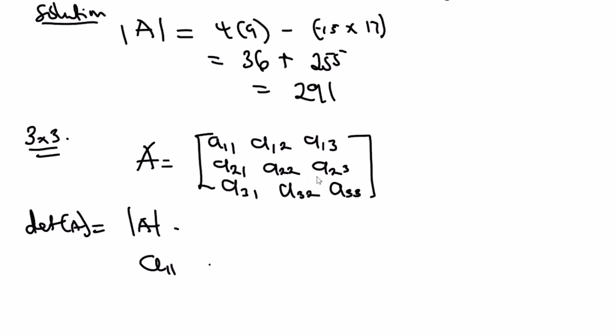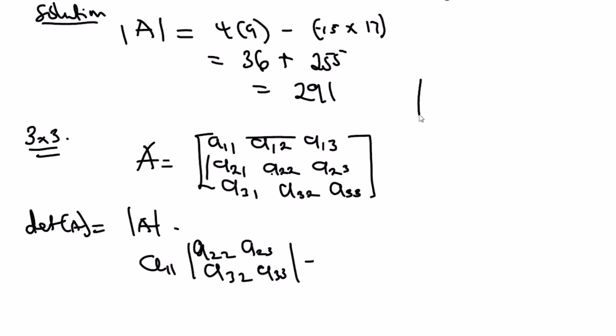What is left there is a 2 by 2 matrix: A22, A23, A32, A33.